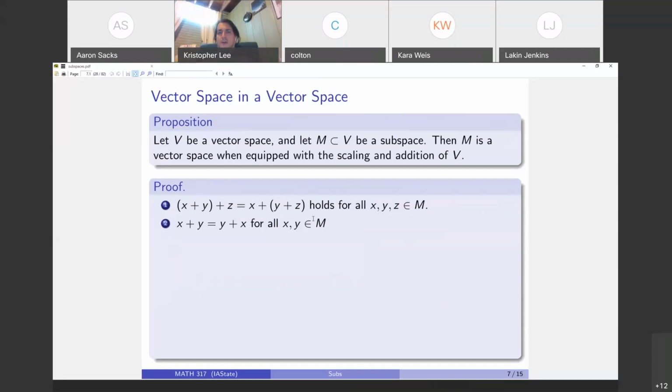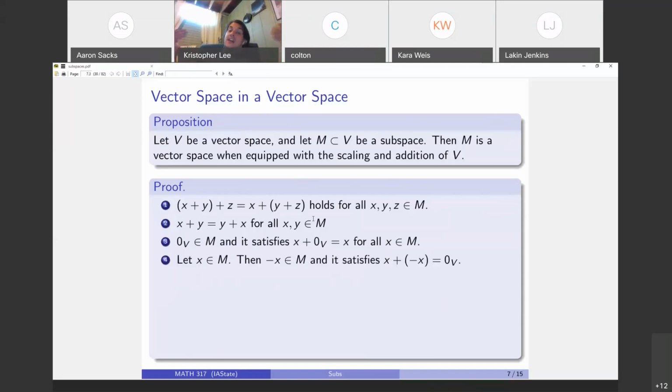So the associativity works, the commutativity works. As we proved, the additive identity is in M, and thus it will become the additive identity of M with respect to addition. Right? So rather than trying to create a new one, just use the old one. We just need to make sure it's actually in the set, which we already proved. Okay, so the addition is associative, it's commutative, it's got an identity.